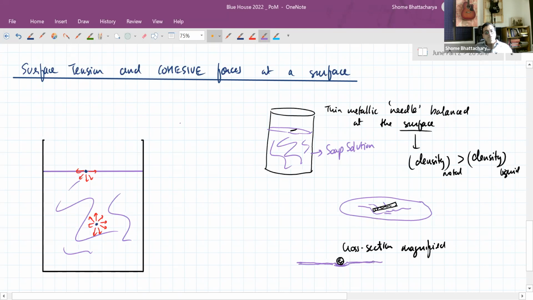So the indentation causes these tangential cohesive forces to act like this, which in turn creates a net force in the upward direction, because of these tangential cohesive forces.